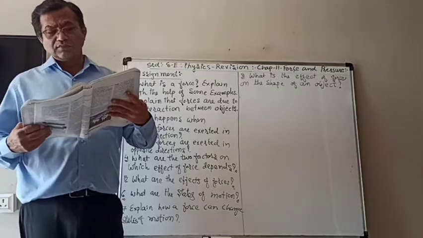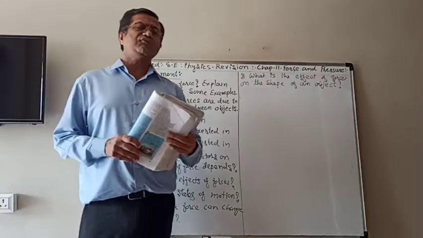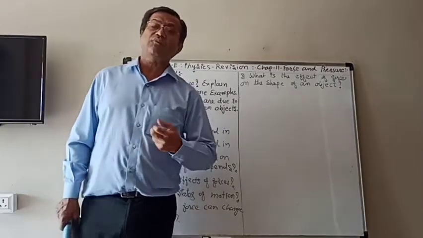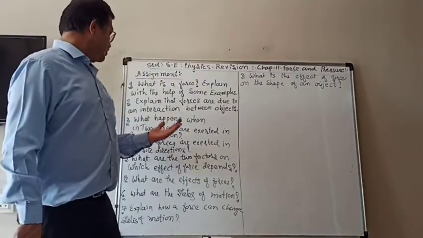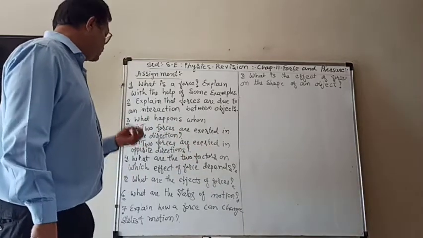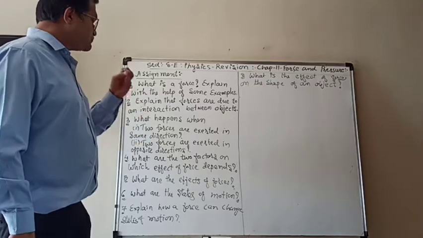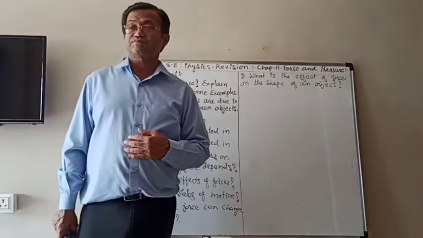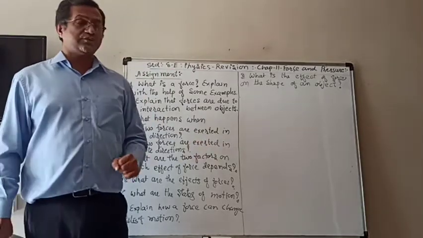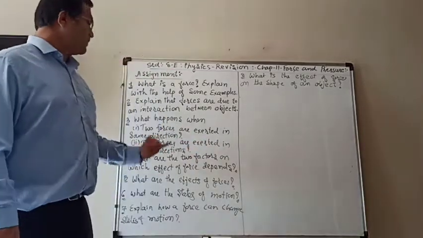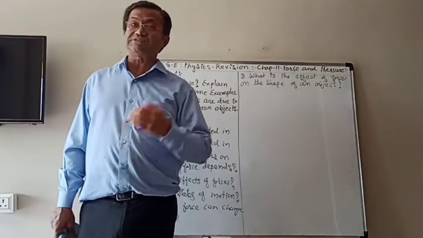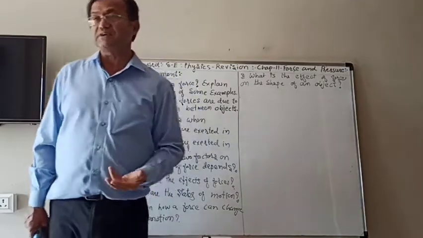Now, we know that when we apply force, there are some effects of the force. So, what are the two factors on which the effect of force depends? There are two main factors. One is the magnitude of the force, which means how much force you are exerting.